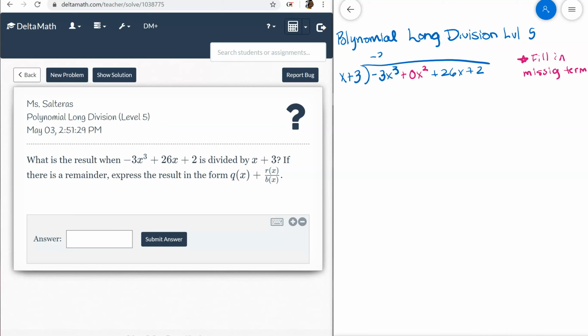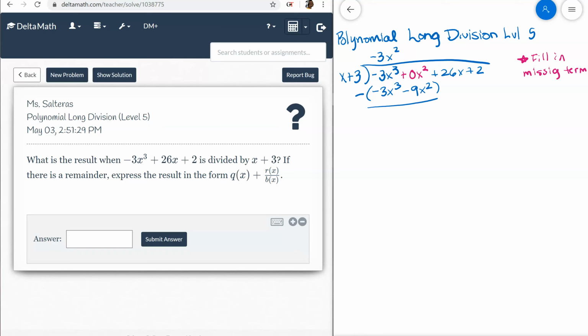So negative 3x squared is what we're going to multiply to x to give us negative 3x cubed. Then we have a negative 9x squared. Now we're subtracting. Again, remember, you want these to be the same sign as your quotient, so that when you subtract, you get opposite signs.